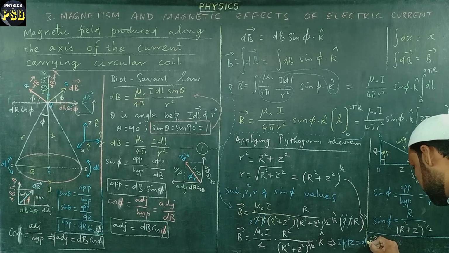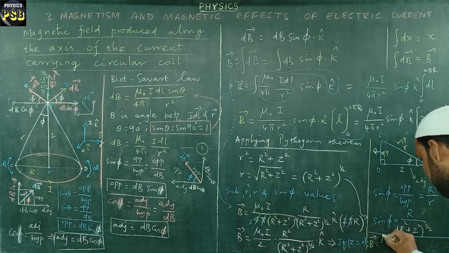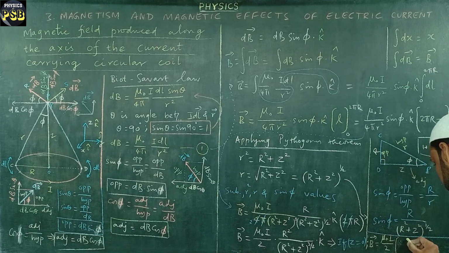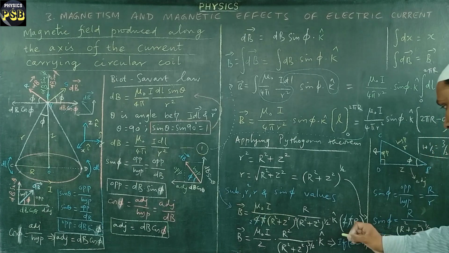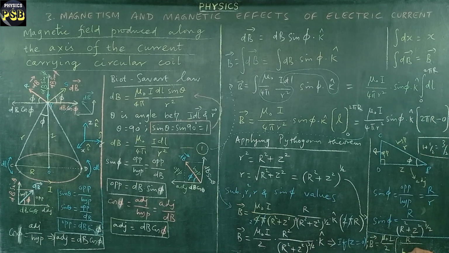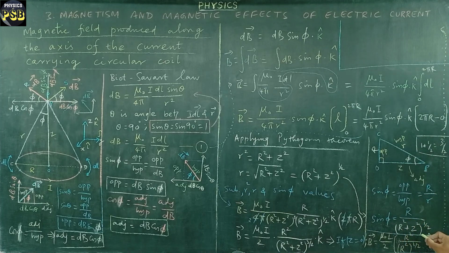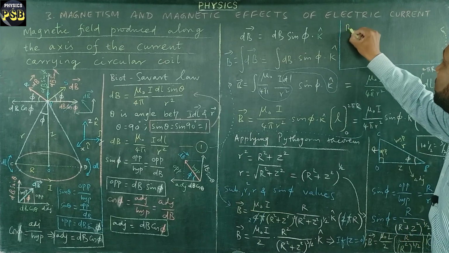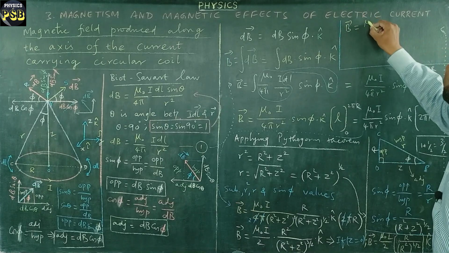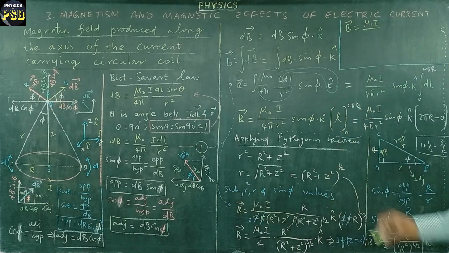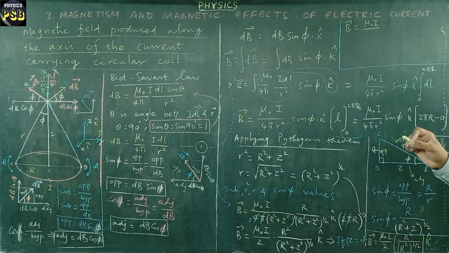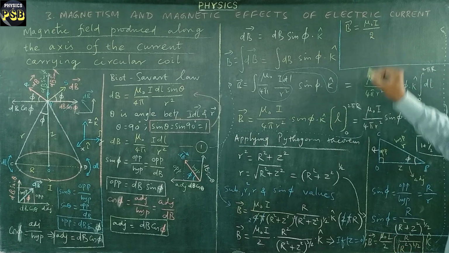B vector becomes equal to mu naught I upon 2 times R square divided by, this has become 0, so what remains is R square power 3 by 2. Close the bracket. This is the final equation which provides me the magnetic field due to the current carrying coil at a point P.